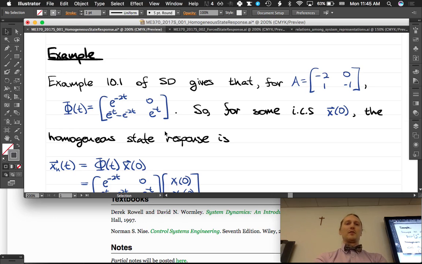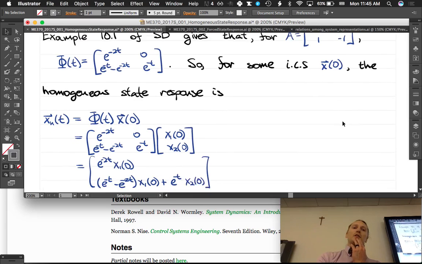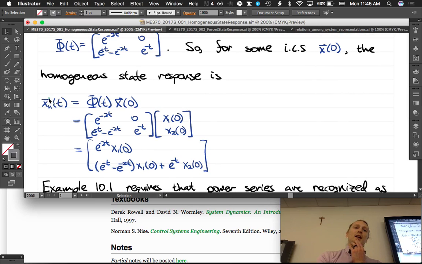So I don't give you guys a lot of problems like that. I don't expect you to be able to recognize those on tests, for instance. But I do want you to understand how to use the state transition matrix. So for some initial conditions, we'll call x of 0, the homogeneous state response, by the way we define the state transition matrix, has to be the homogeneous solution, right?